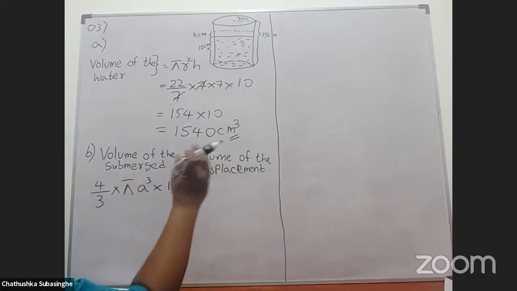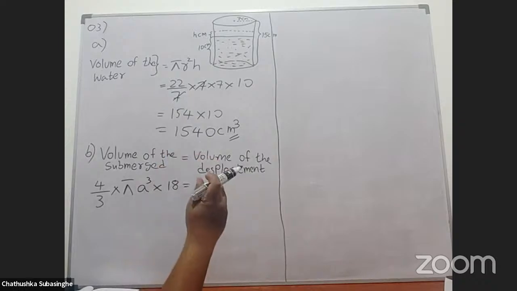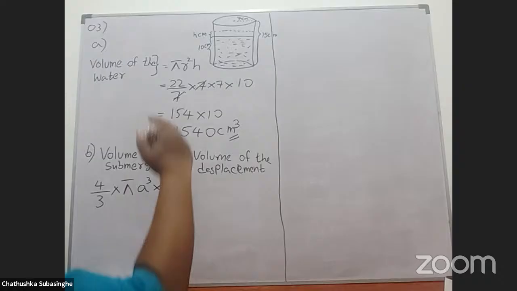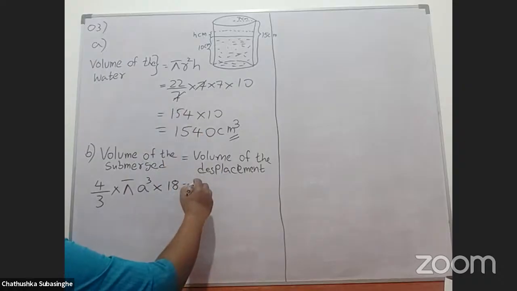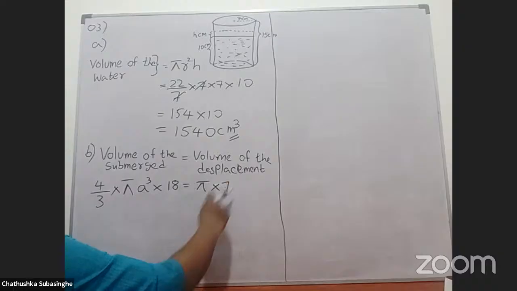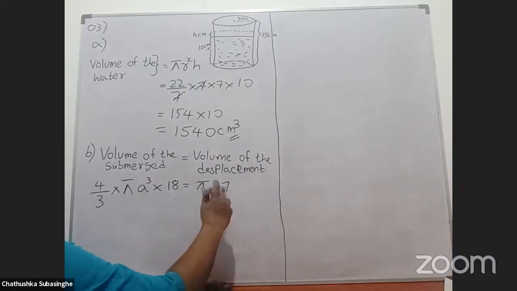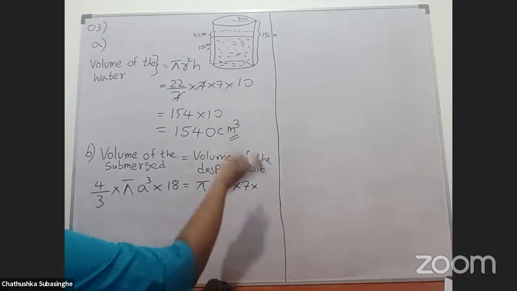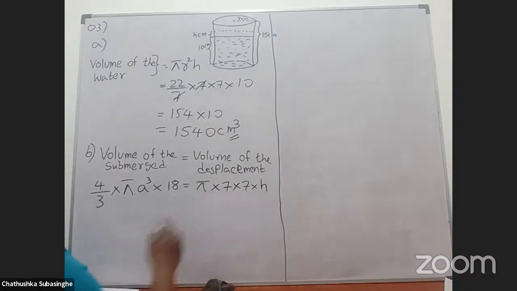It is in the shape of a cylinder. So the water level comes up as a cylinder. So again we can use the same equation, pi r squared h, where r is still 7. So it's 7 times 7 times h, the water level that came up. That's it.